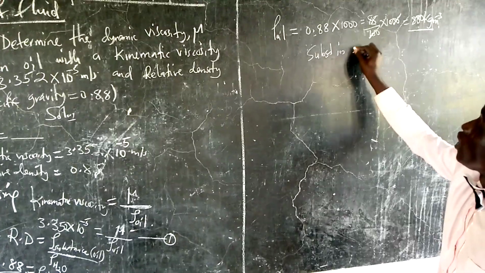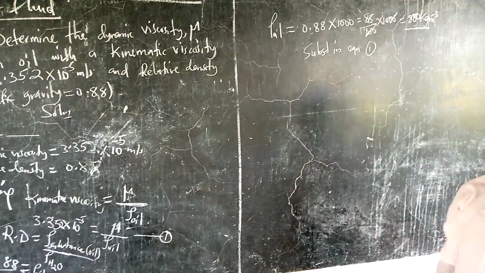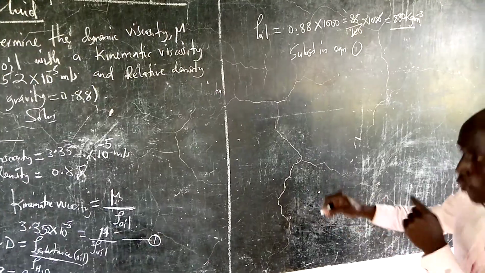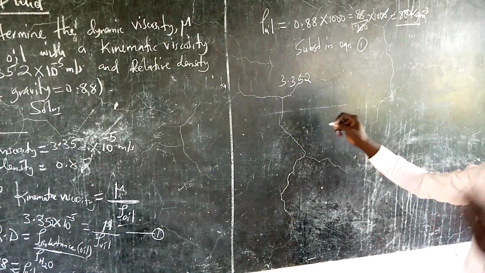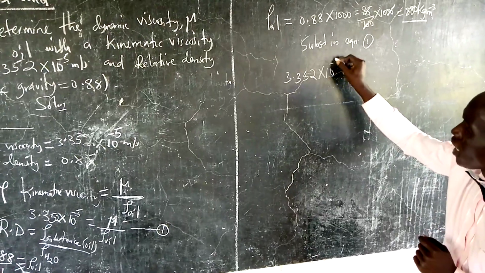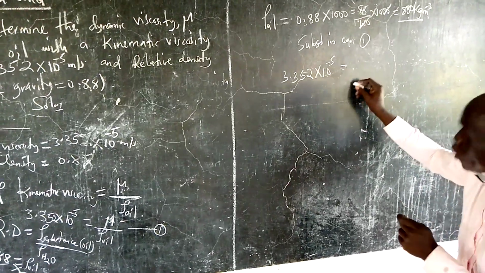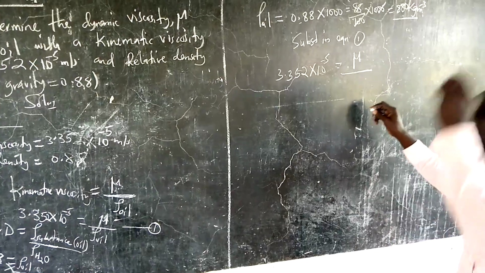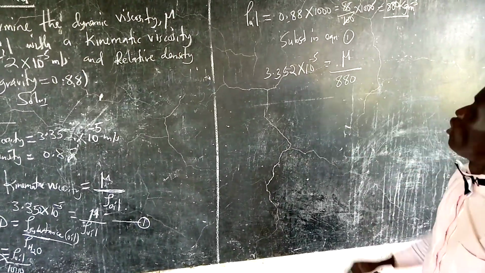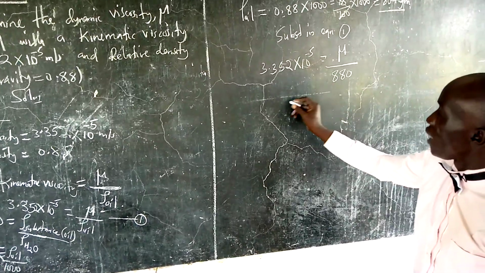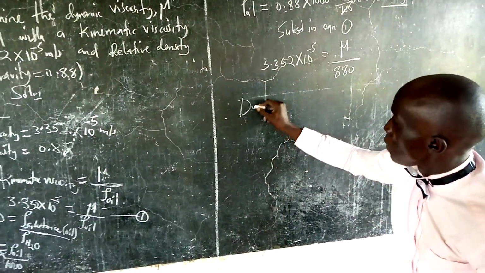From equation 1, which is 3.352, follow very well, times 10 to the power negative 5, the same as mu, what I'm looking for, over density of oil, which we have got as 880. Now you can cross multiply.